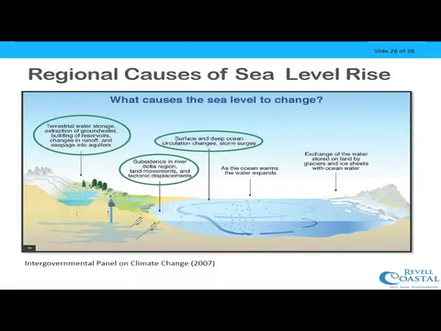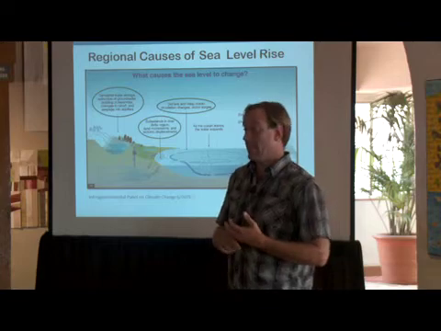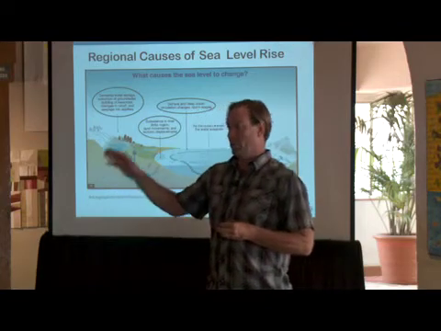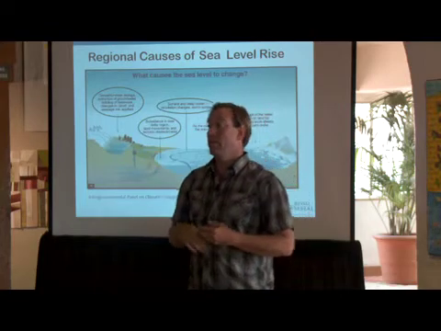We live here, or you guys live here, I love to visit, on a very active, tectonically active coastline. There are places in Summerland that are rising as fast as the Himalayas.